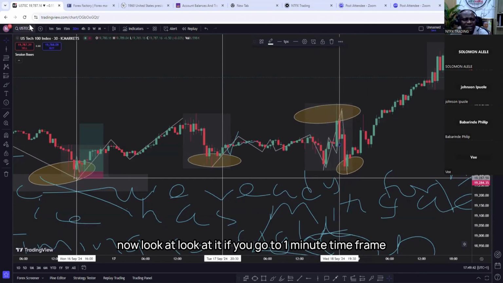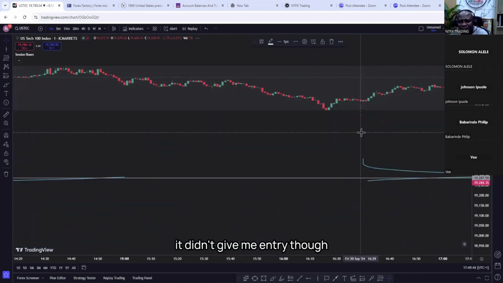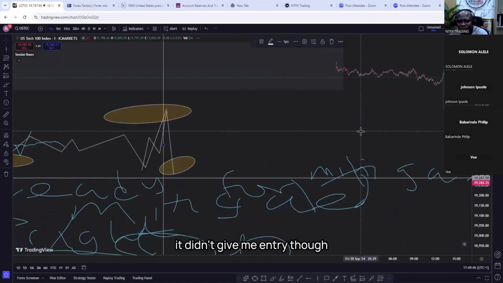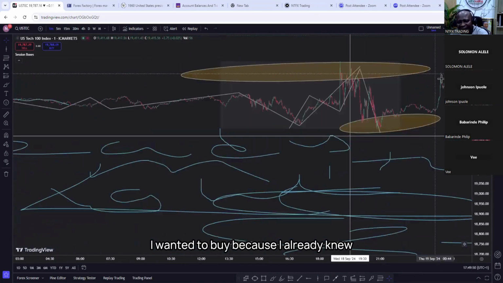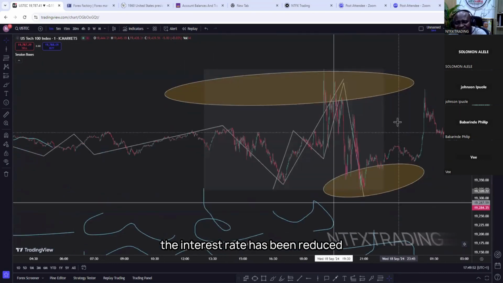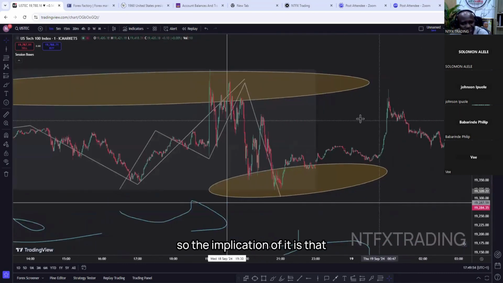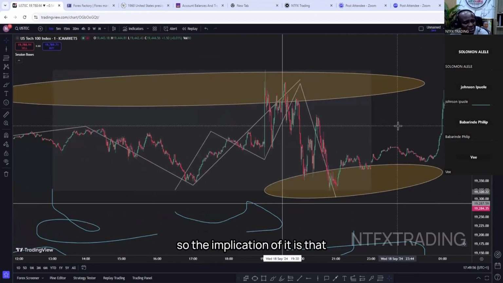If you go to the 1 minute time frame, it didn't give me an entry, though I was not even interested in the sell. I wanted the buy because I already knew the interest rate has been reduced. So who knows the implication of it to capital markets when the interest rate is reduced? What happened to the capital market? Drop or expand?